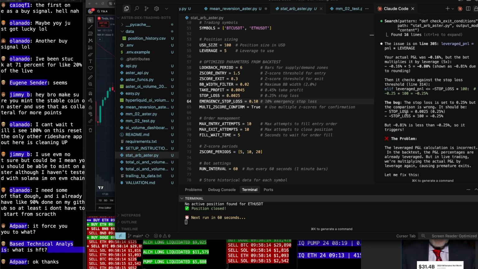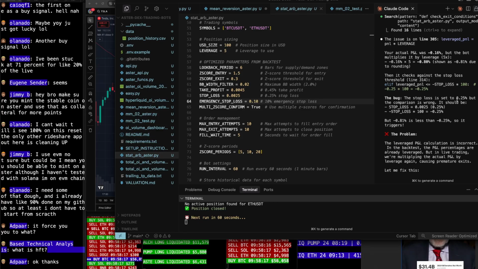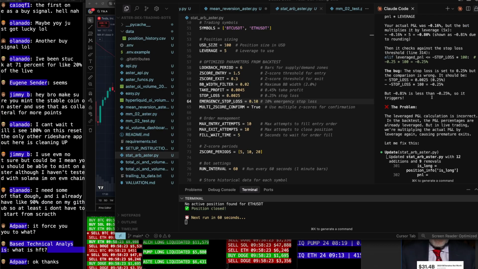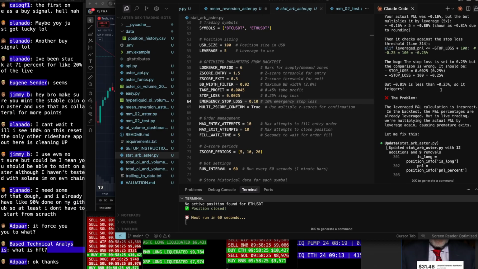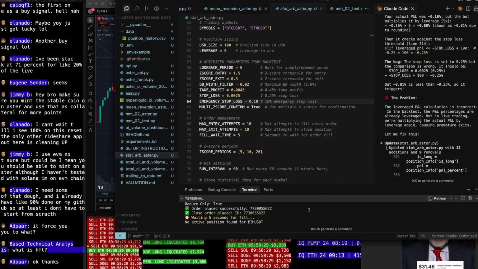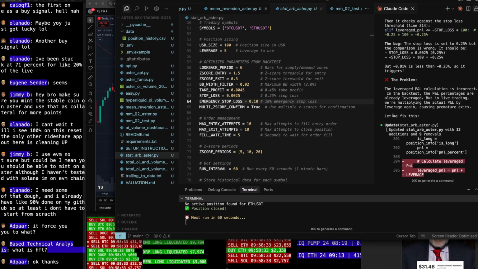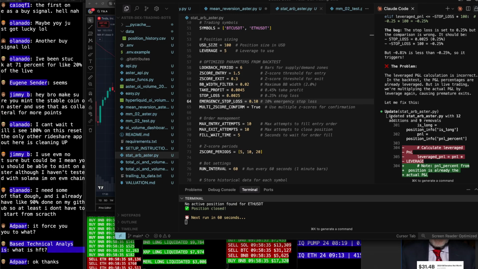The stop loss is set to 0.25, but the comparison is wrong. The leverage P&L calculation is incorrect. In the backtest, the P&L percentages are already leveraged, but in live trading, we're multiplying the actual P&L by leverage again.